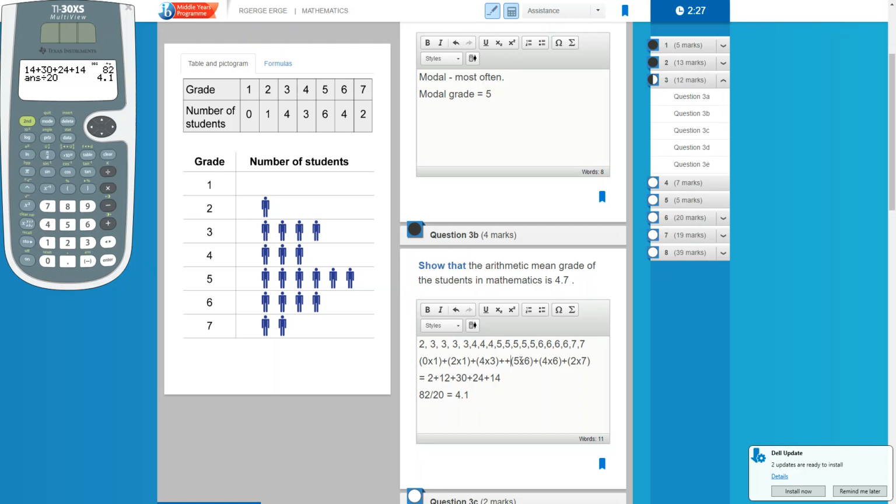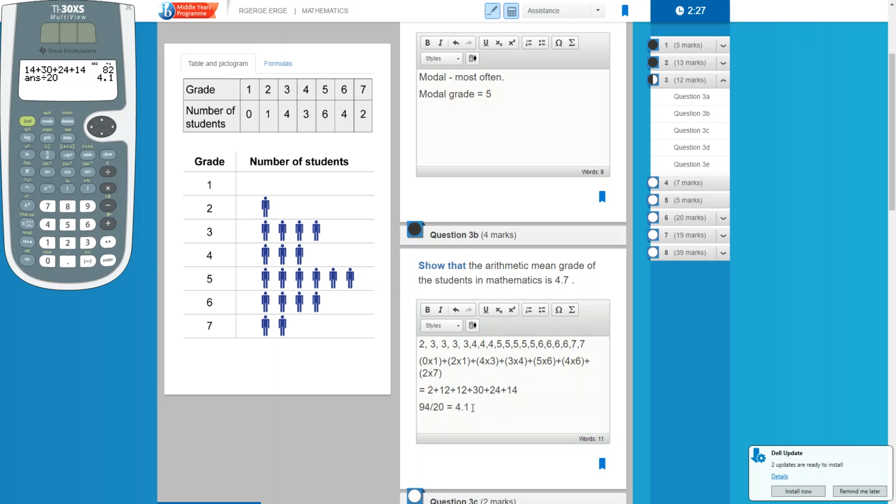There you go. Plus 3 times 4. So there's an extra 12 in here. There we go. So there's an extra 12. That brings me up to 94.